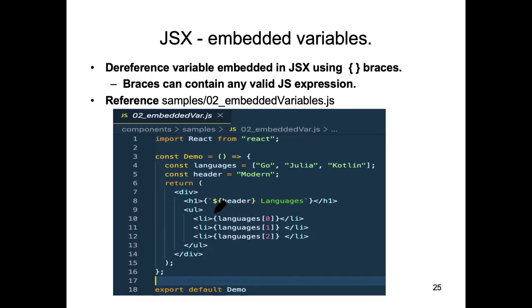So the curly braces here and here, if I take out those outer curly braces, then all that will be rendered on the screen is the actual string LANGUAGES brackets, etc., etc. But because I've wrapped it in curly braces, it evaluates this first, and it takes the result of that evaluation, and that is what it includes in the browser's rendering on the screen. You can actually have any kind of JavaScript expression that you want to inside here.